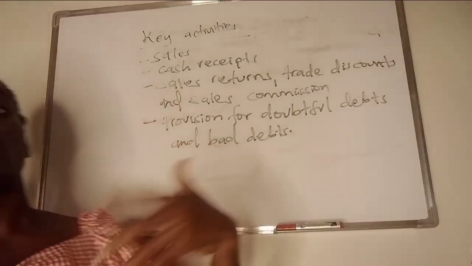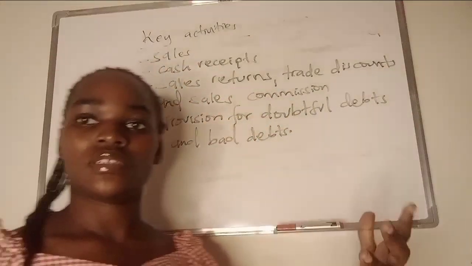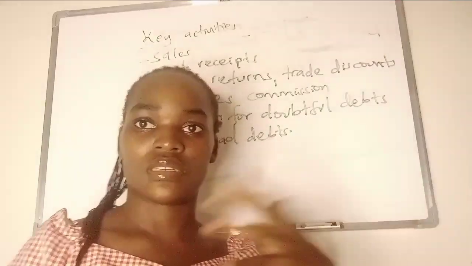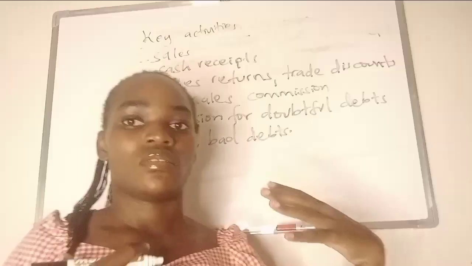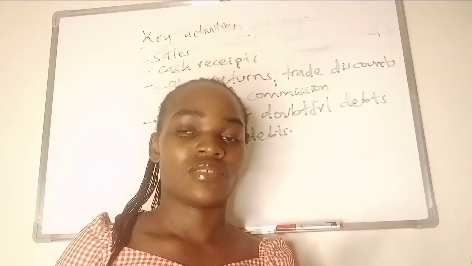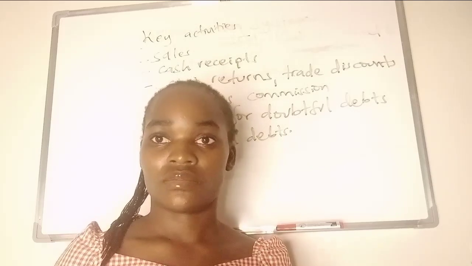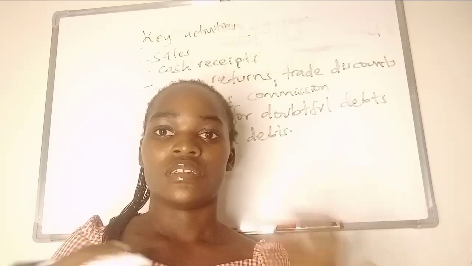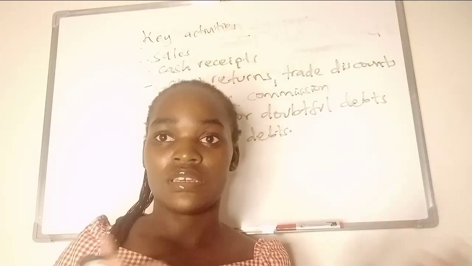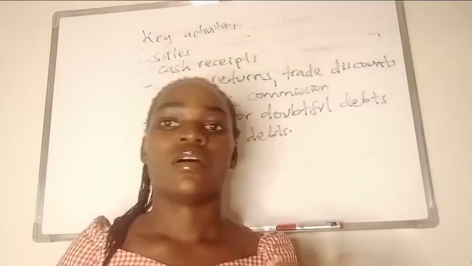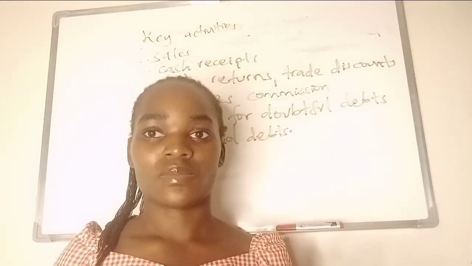You make sales to customers, then cash receipts, when you receive cash from customers, you make receipts for them. Then sales returns. There are very many reasons why customers may return goods. First of all, if you delivered a wrong order, or when the goods are damaged, or when they're expired.